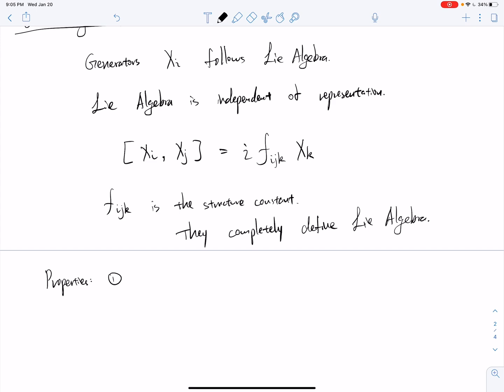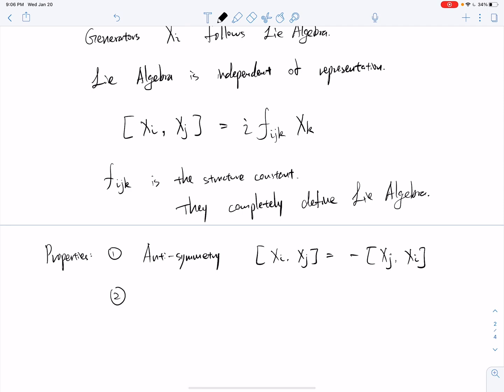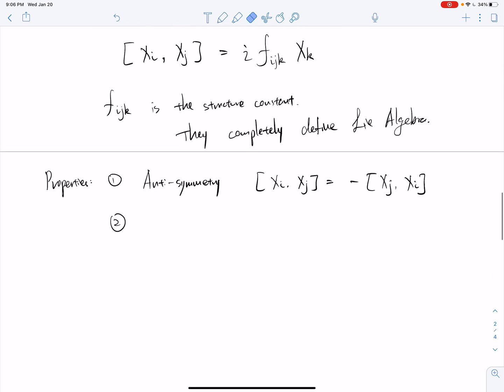The first property is antisymmetry, which means that if I swap these two generators, I'll get a minus sign. Second, and actually the most fascinating, is the Jacobi identity, which is widely used when you study quantum field theory.